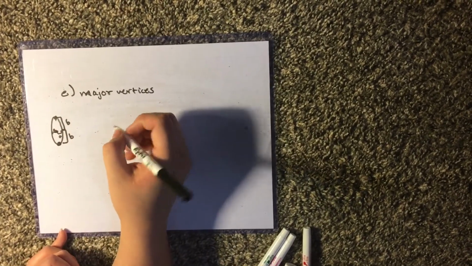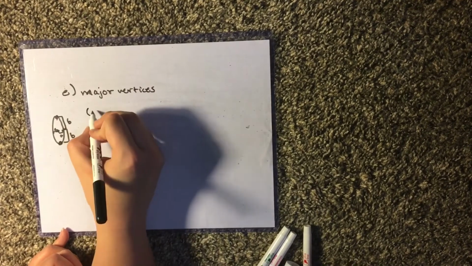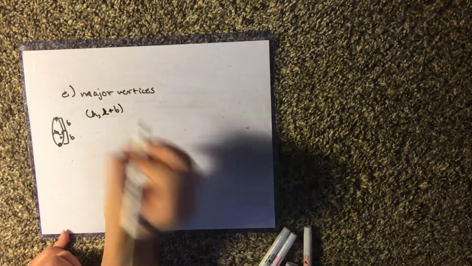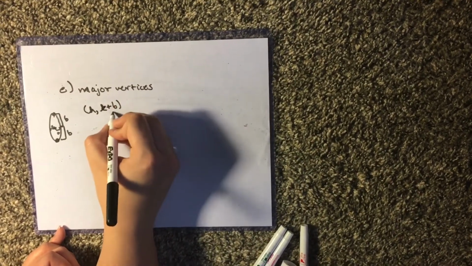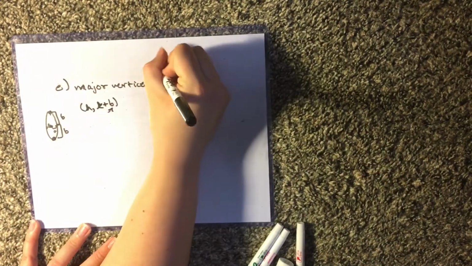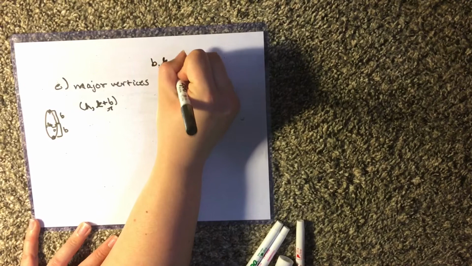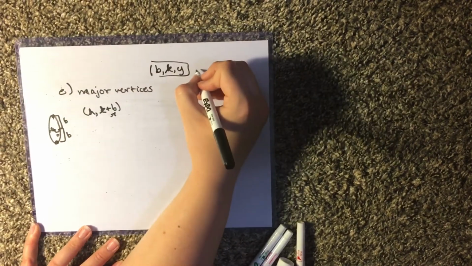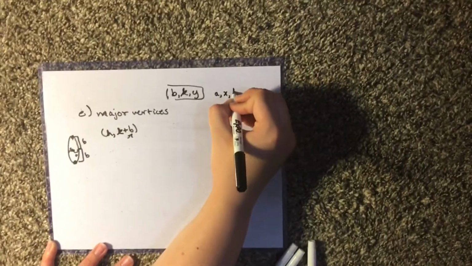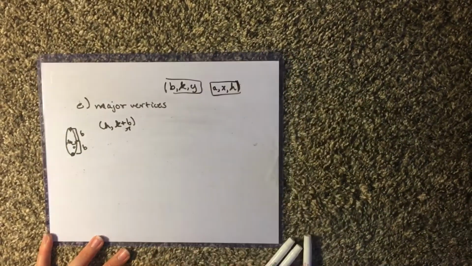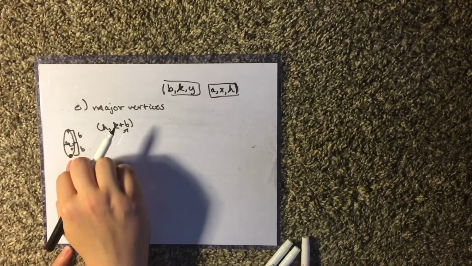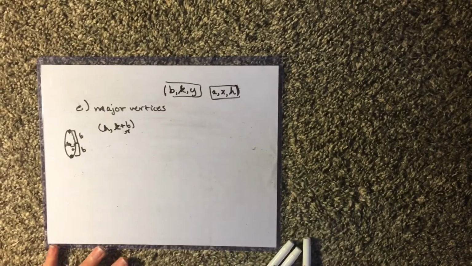So we know that whatever the center is going to be, it's going to be (h, k plus b), because we're always going to put B here with the K, because we're keeping B's, K's, Y's together, and A, X, and H's together throughout this entire process. And we know that the major vertices are going to be at the very top and the very bottom, so it's going to be the B one that we're adding.